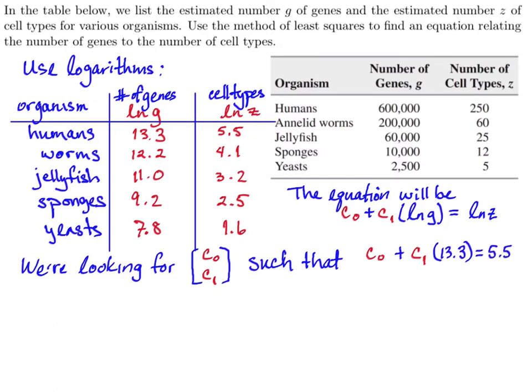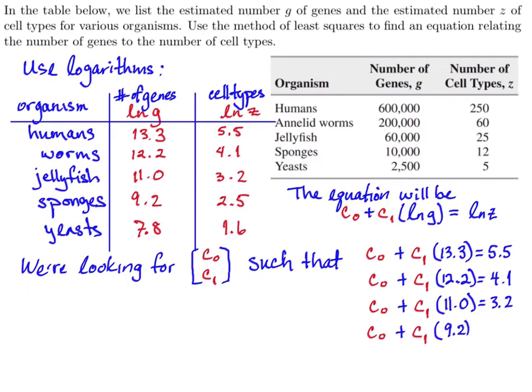Using the numbers in my table, C0 plus C1 times 3.3 equals 5.5, C0 plus C1 times 12.2 equals 4.1, etc. I'm just writing all the equations that I get relating the natural logarithms of the values we were given.